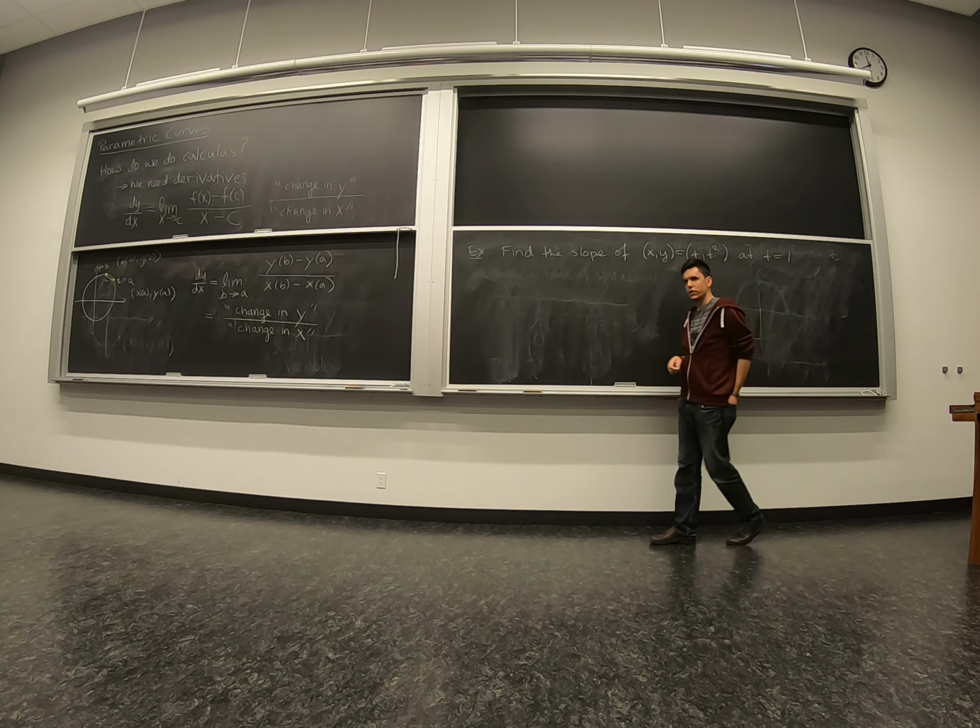Now we plug in our values here, we get b squared minus 1, b minus 1, and we can calculate some slope. Slope is 2.